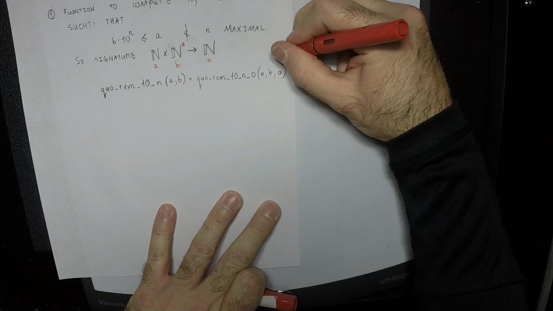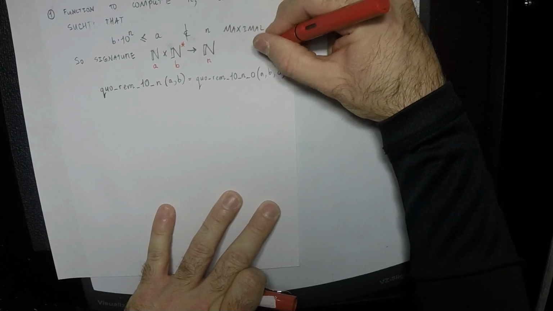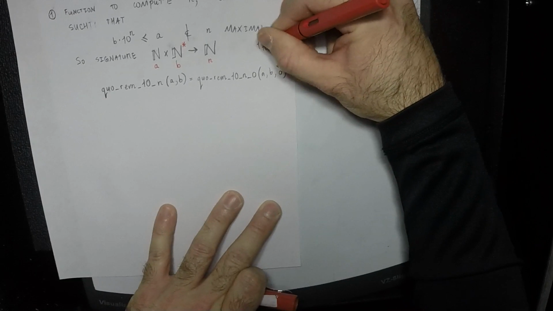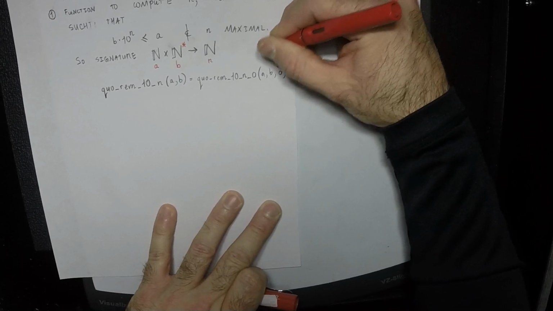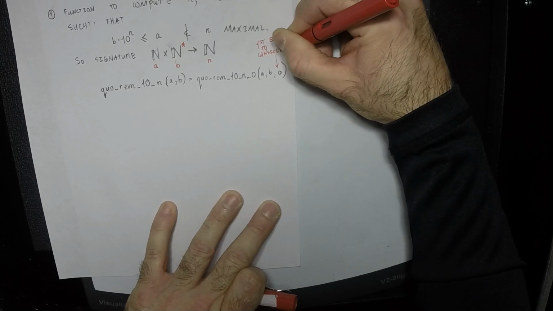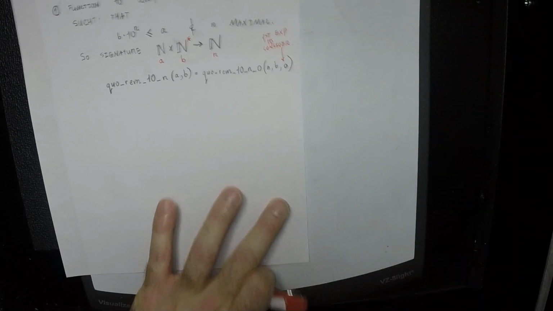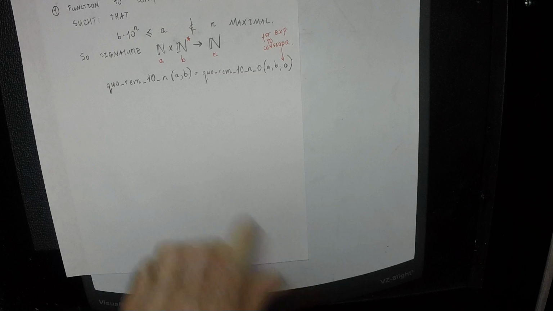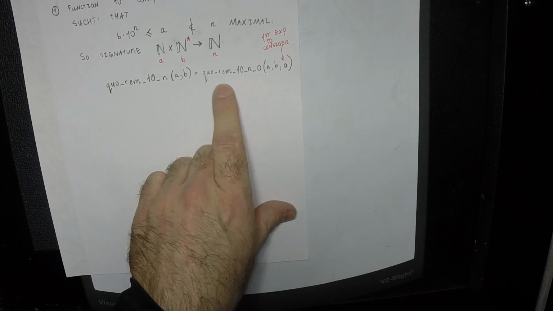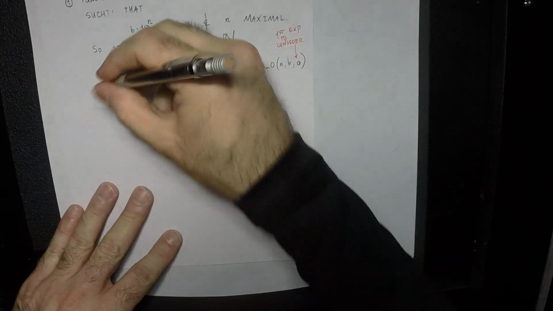So conceptually, this is the first exponent to consider. A, B, 0, yes.